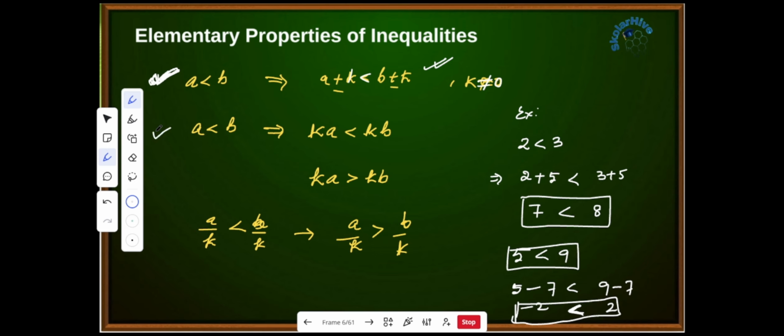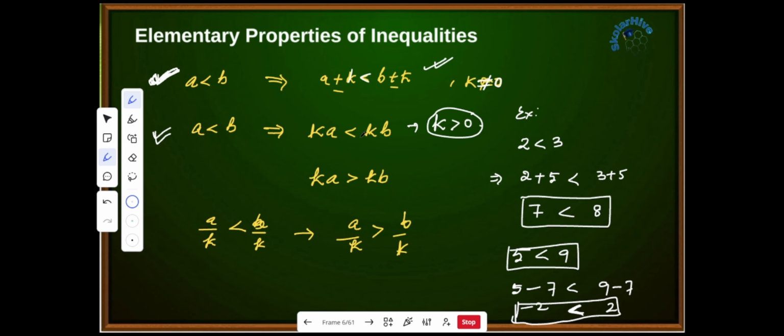Now the second elementary property: we have a less than b, and we multiply both sides by the same quantity k. If k is positive, then the inequality sign will not alter.